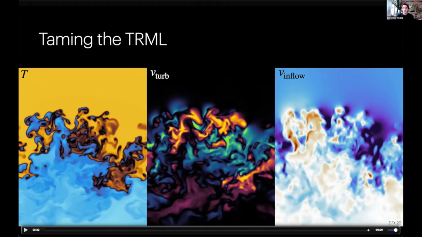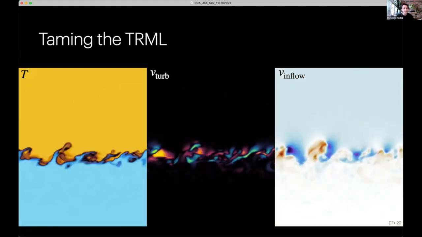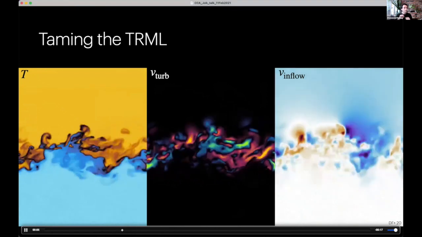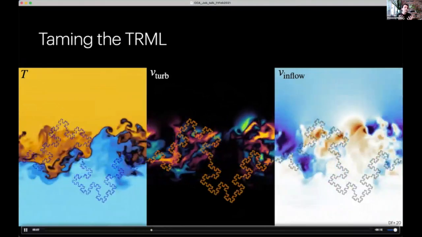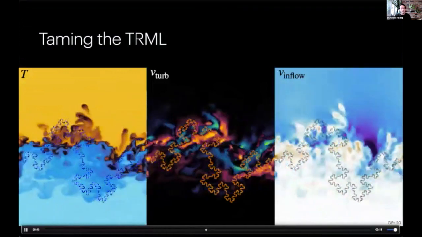And in this paper that I wrote with Eve Ostreicher, Greg Bryan, and Adam Germain, what we did is we realized that this interface between the hot and the cold is very bumpy and wiggly. And you can be a little more quantitative than just bumpy and wiggly, and you can measure its fractal dimension.